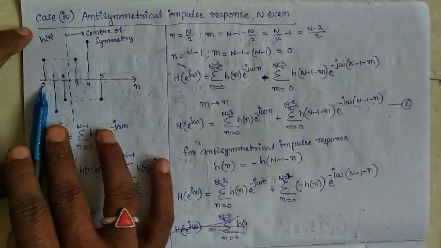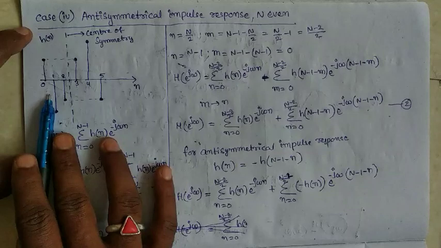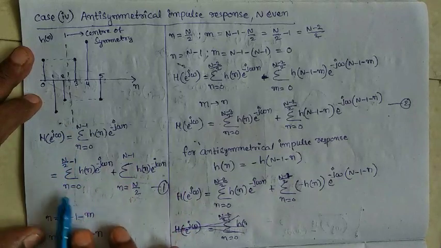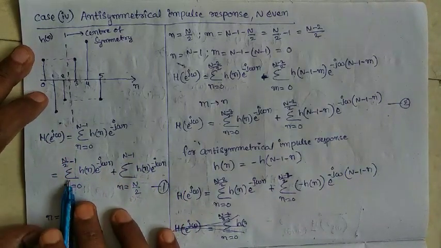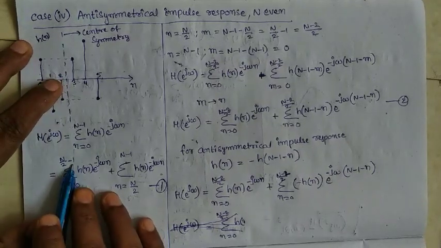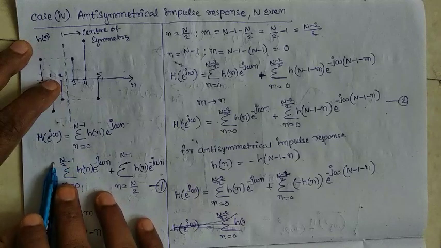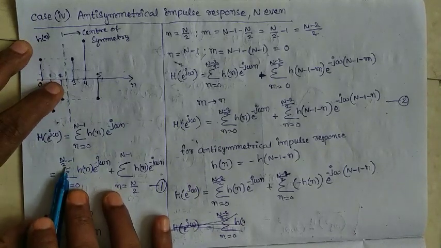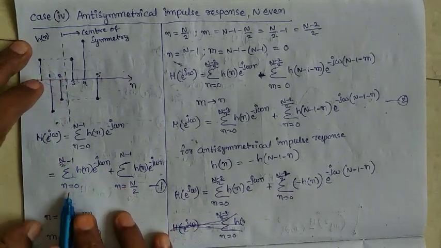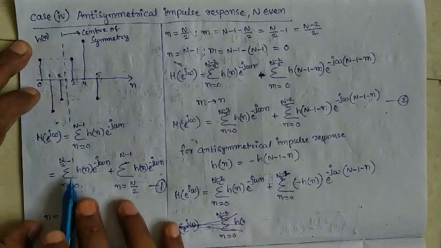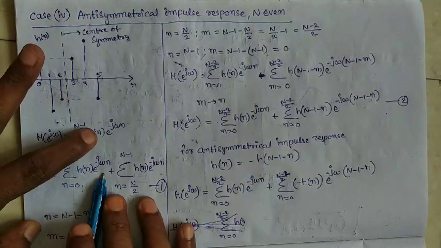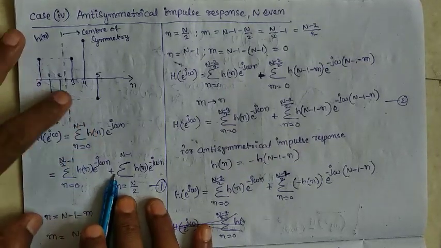Here we express these summation limits in terms of capital N. The first summation is n equal to 0 to N by 2 minus 1, which is 6 by 2 minus 1, that is 3 minus 1, 2. So we write 0 to 2 as summation n equal to 0 to capital N by 2 minus 1 of h of n into e power minus j omega n, plus the second summation from 3 to 5.